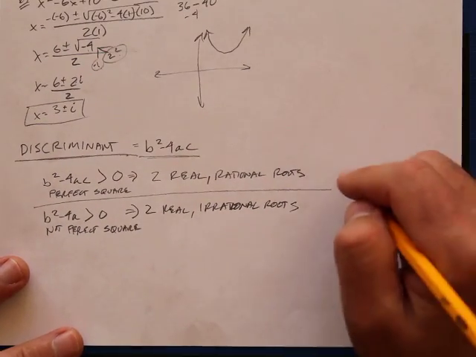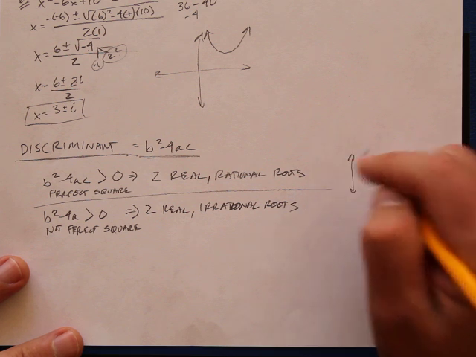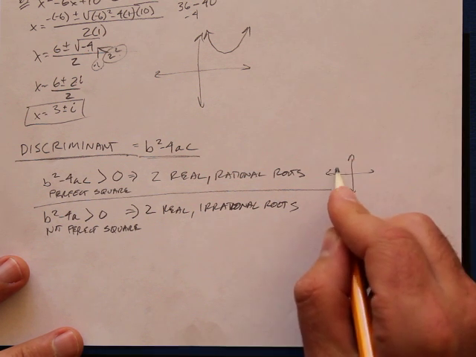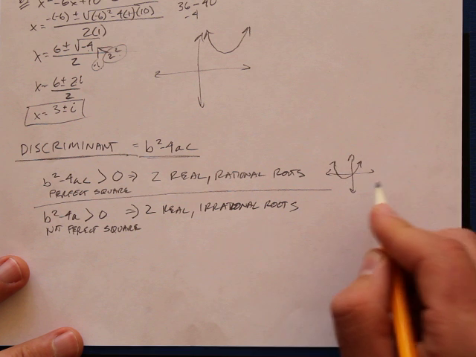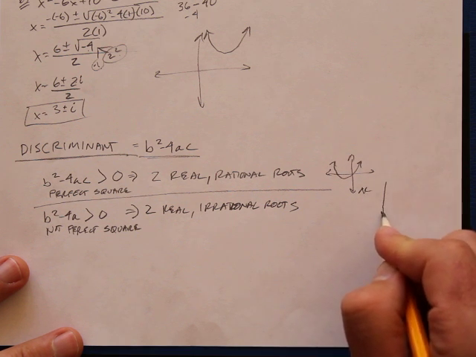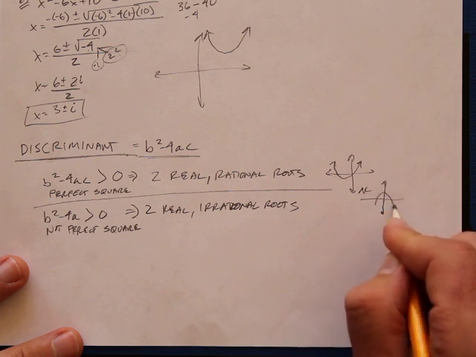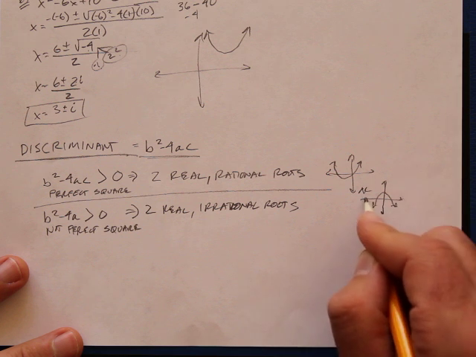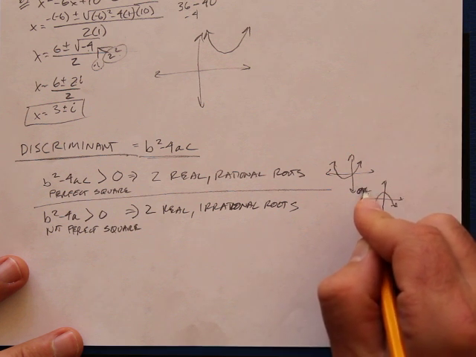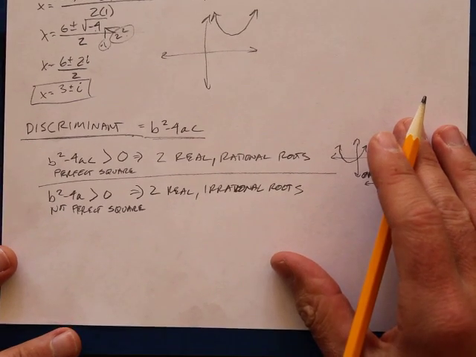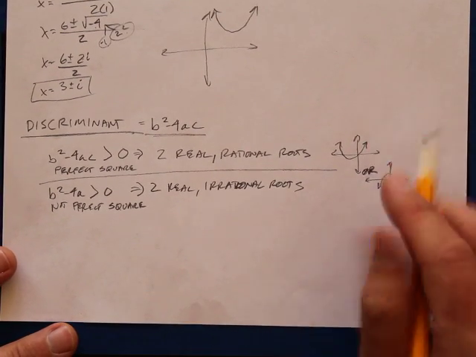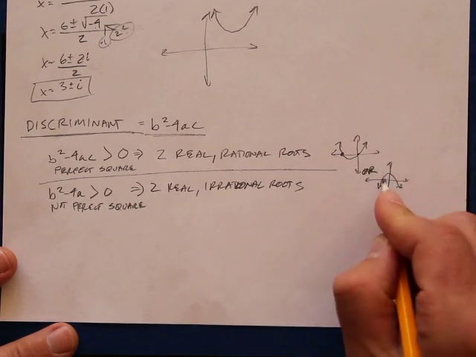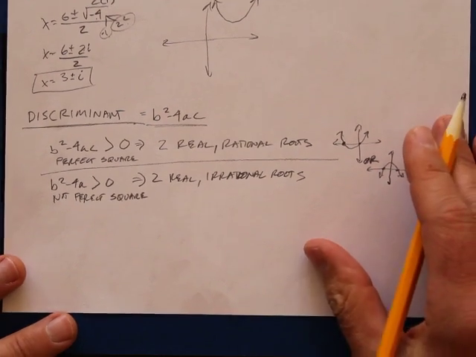Now, our parabola would look something like this, or it would look something like this. Now, so we have two roots for each of those.